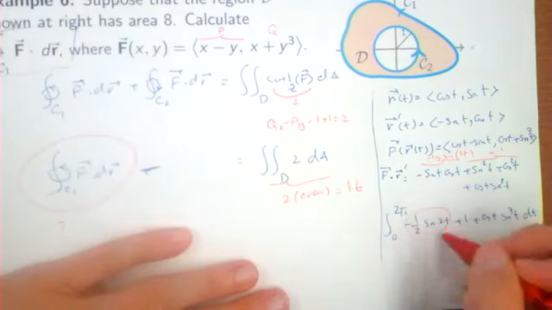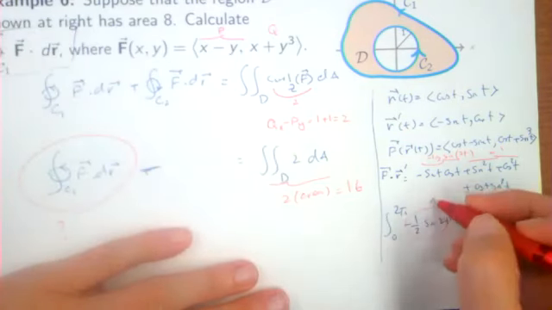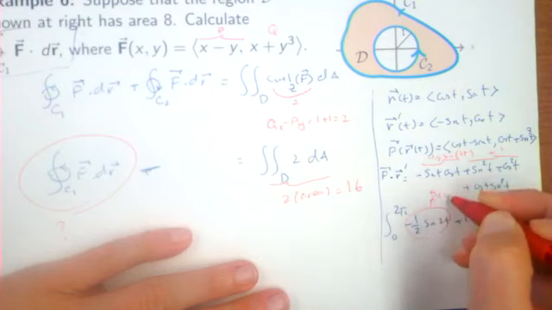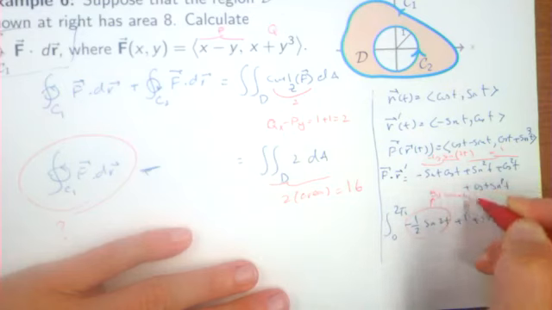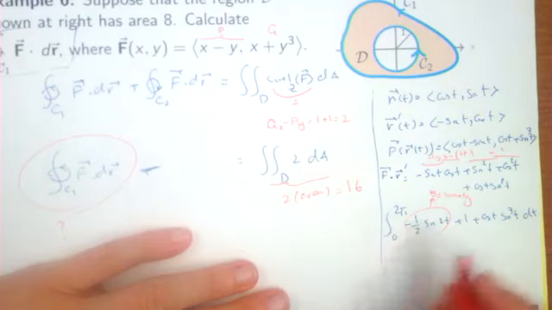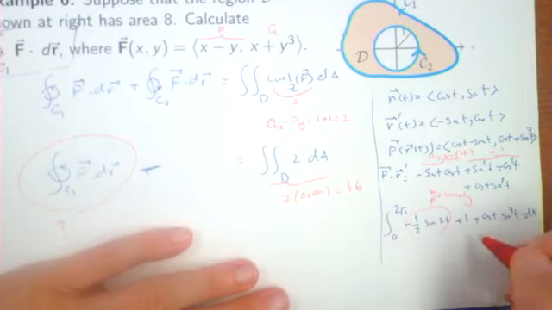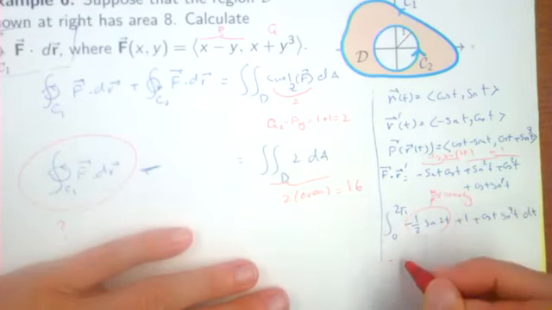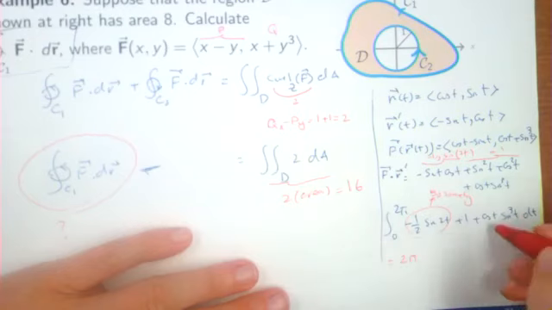The integral of this one is 0 by symmetry, above and below the x-axis. The integral of 1 is going to be 2 pi.